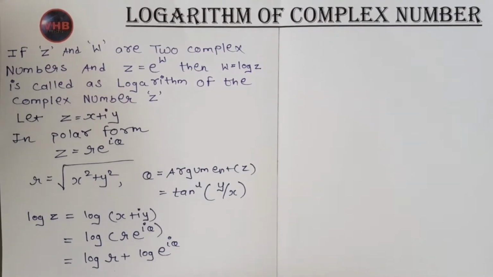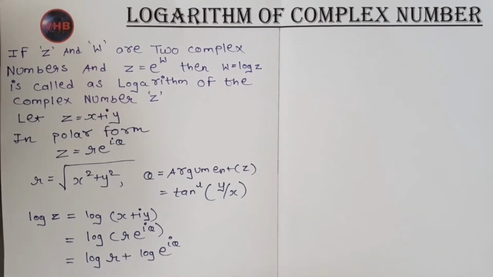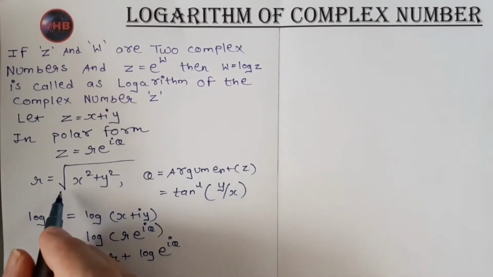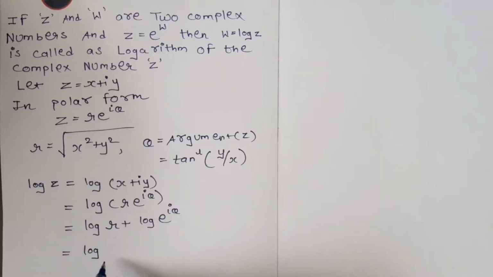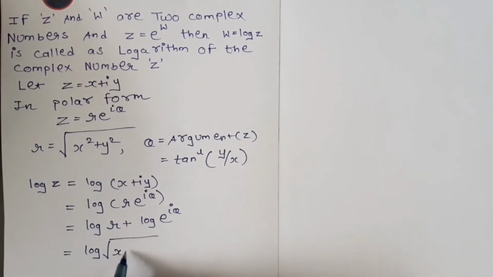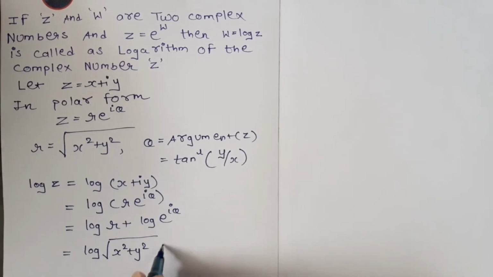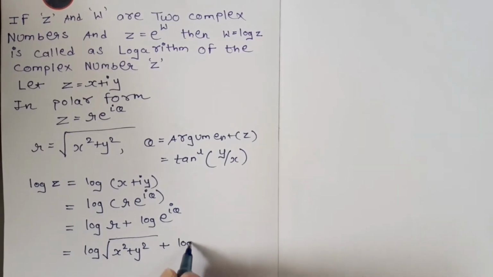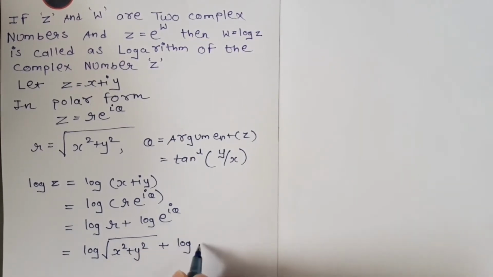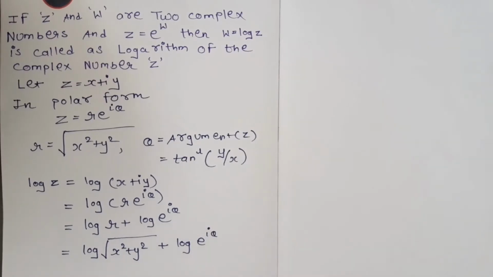Now what is log of r? r is equal to under root of x square plus y square. So it will be log of under root of x square plus y square, plus log of e raised to i theta.